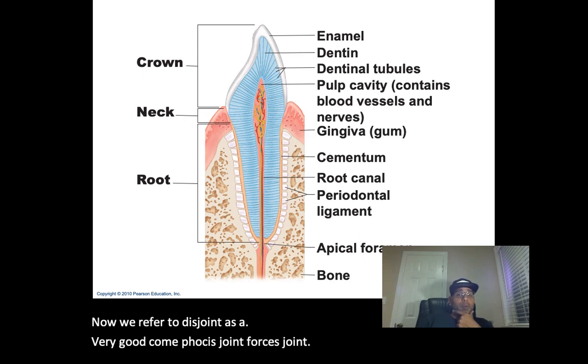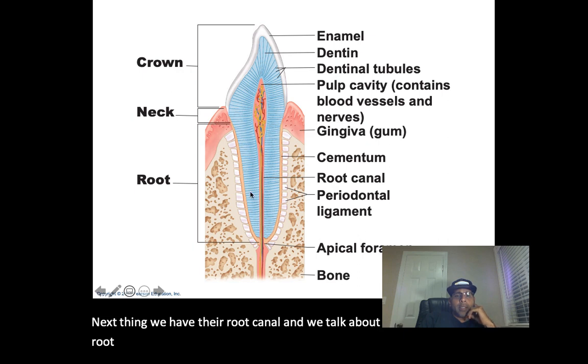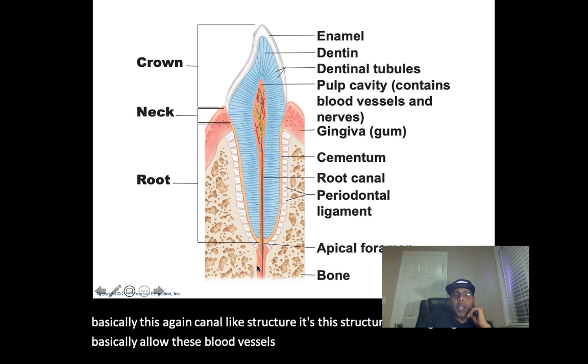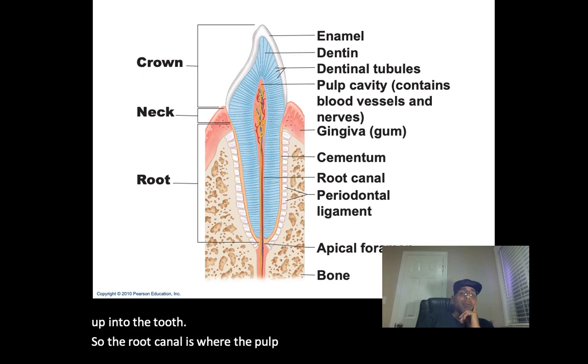Next then we have the root canal. The root canal is basically a canal-like structure that allows the blood vessels and soft connective tissue structures to pass up into the tooth. So the root canal is where the pulp extends into the root.